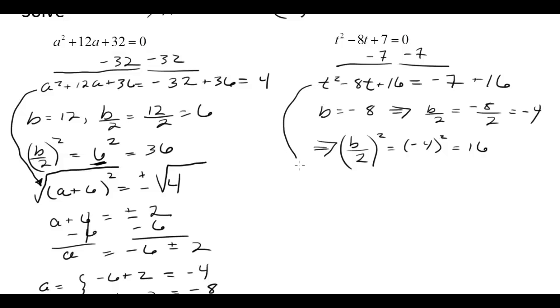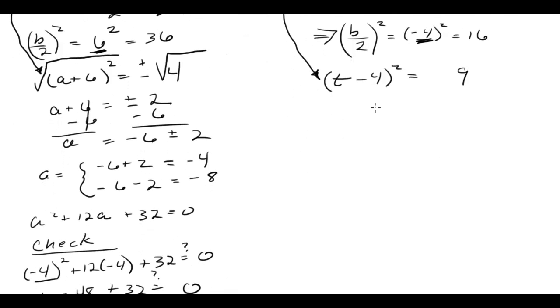Where were we? So this is a perfect trinomial square. And it's going to be t minus 4 squared equals minus 7 plus 16. That's going to be 9. I now have a perfect trinomial square on the left-hand side. So that means that I can apply the square root rule.